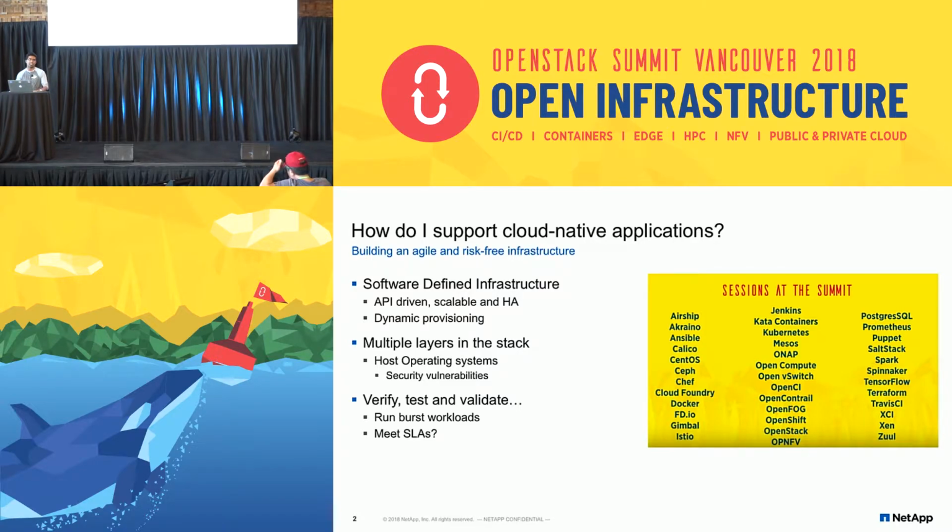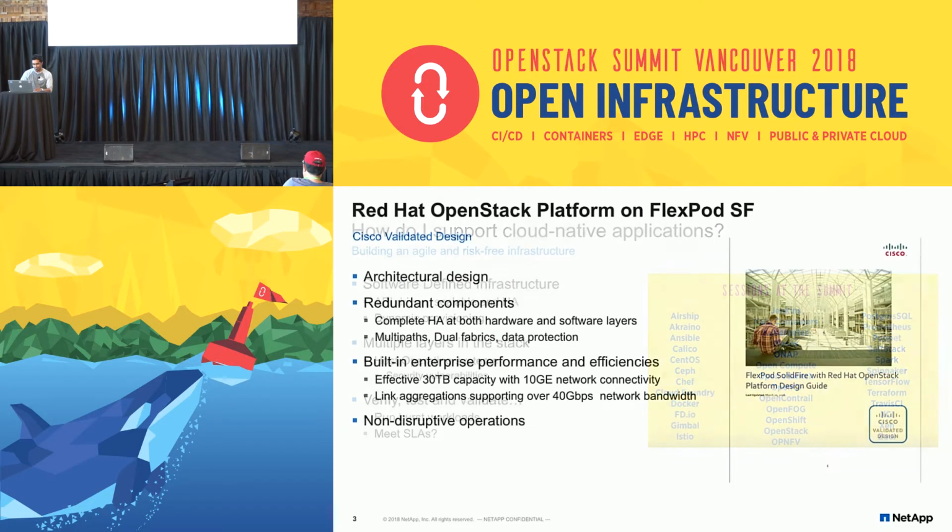Does it actually meet the SLAs that the cloud demands? These are multiple things that you want to consider, and like we discussed in our keynotes, it's a very big topic, with multiple components involved in the stack. And the screenshot on the right-hand side just shows you a few of them that you can use.